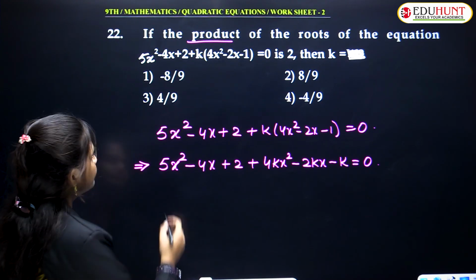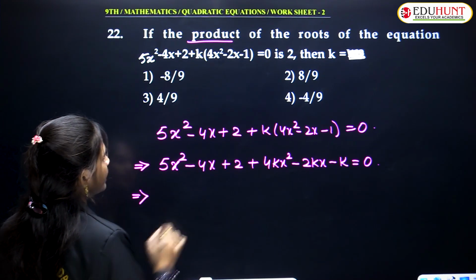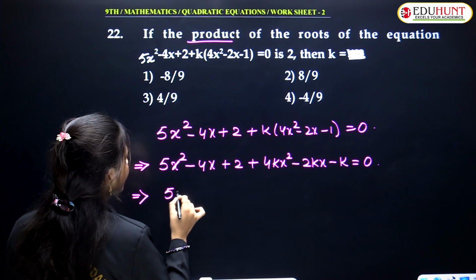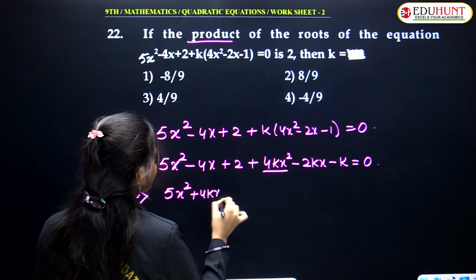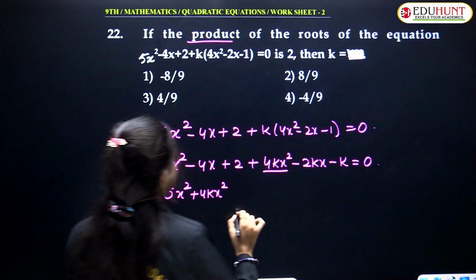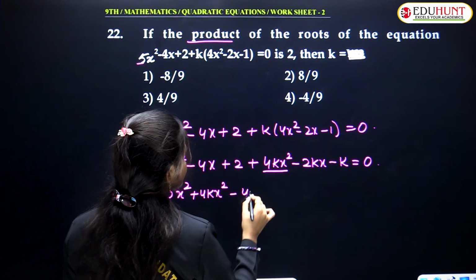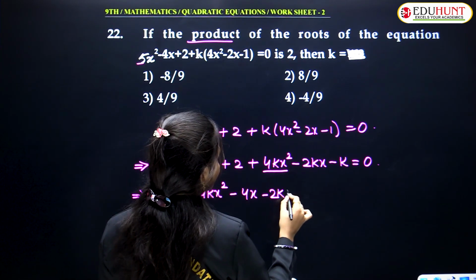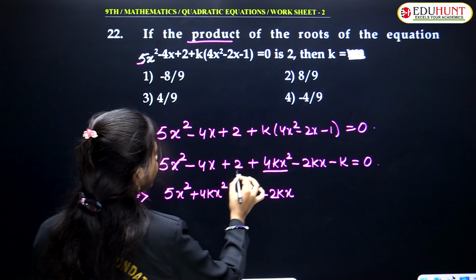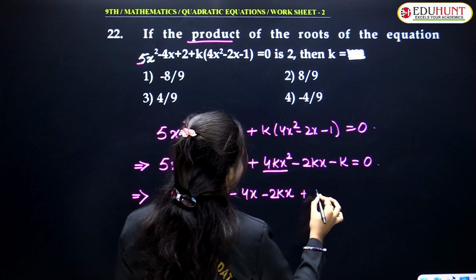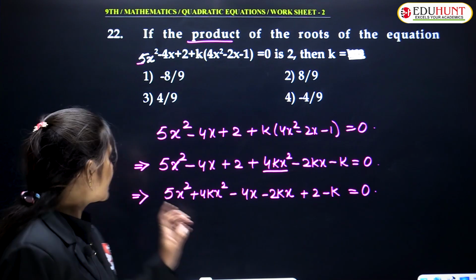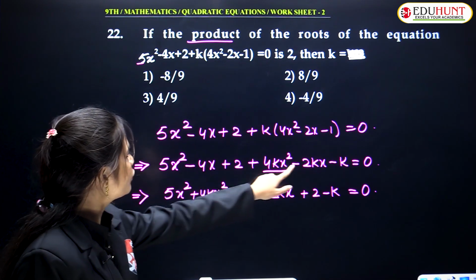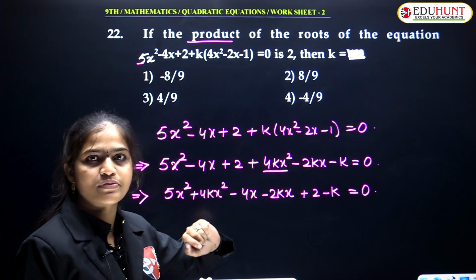From this, 5x square plus 4kx square. Next, the k terms: minus 4x minus 2kx. Next, the constant terms: plus 2 minus k, which is equal to 0. Is there any other term? So 1, 2, 3, 4, 5, 6 terms. Here also we got 6 terms.